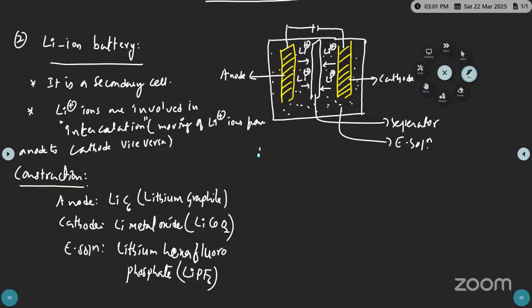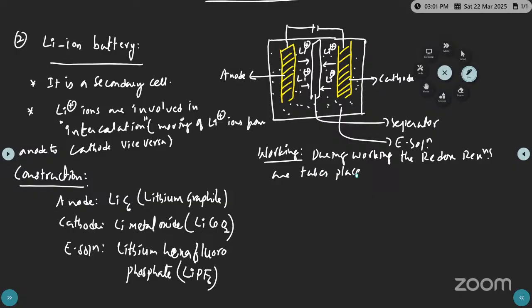Right, next the working of the battery. During working, redox reactions take place at the respective electrodes.